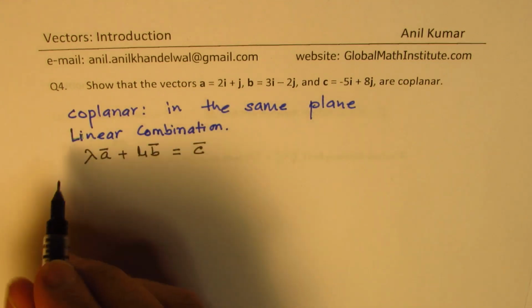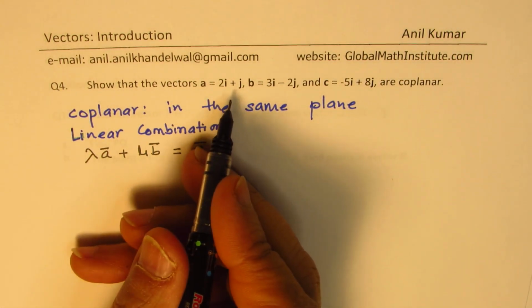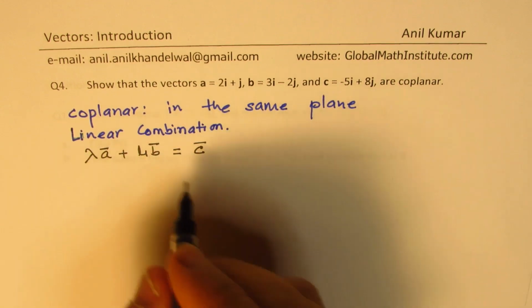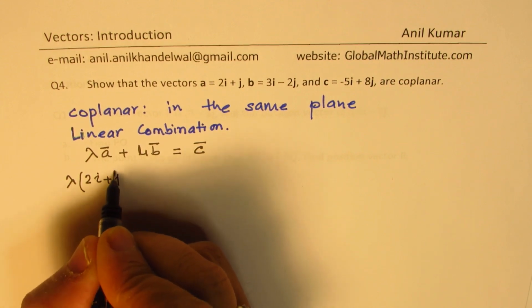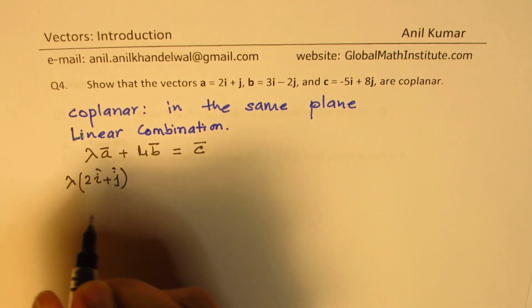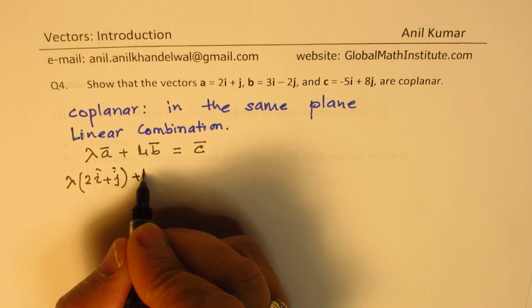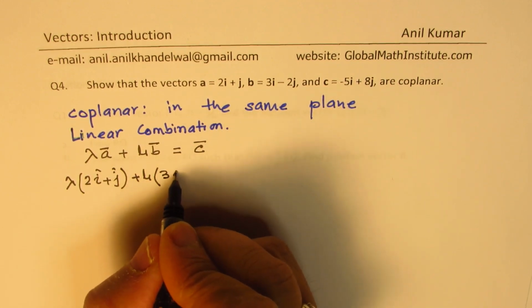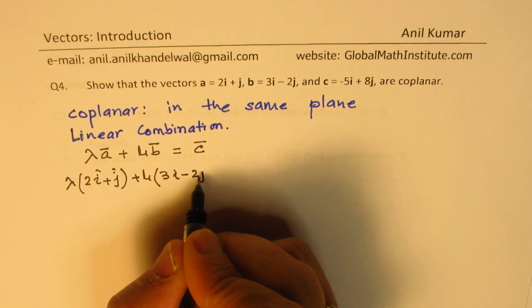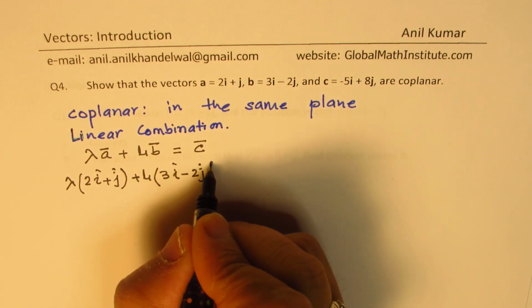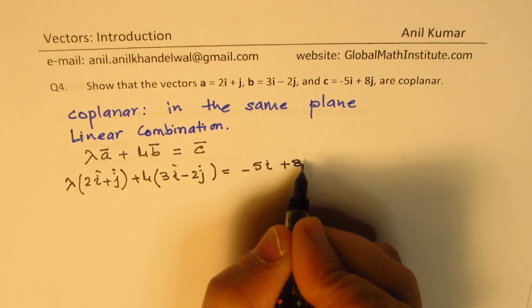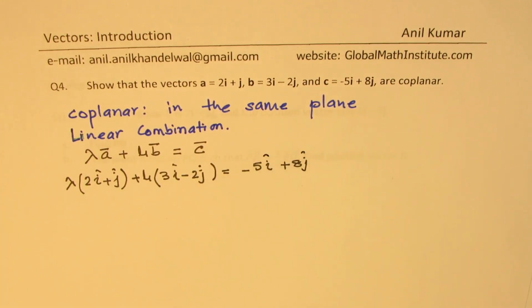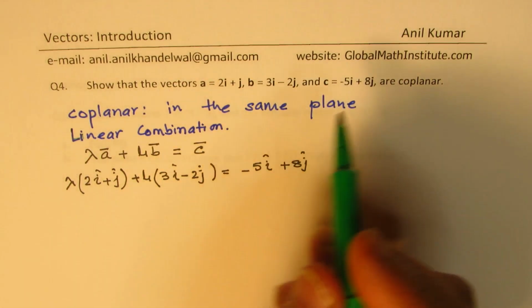What we have here is A is 2i plus j, so we can write this as lambda times (2i plus j) plus mu times vector B, which is 3i minus 2j, should be equal to minus 5i plus 8j. That's what it means. Geometrically, it's kind of like this.